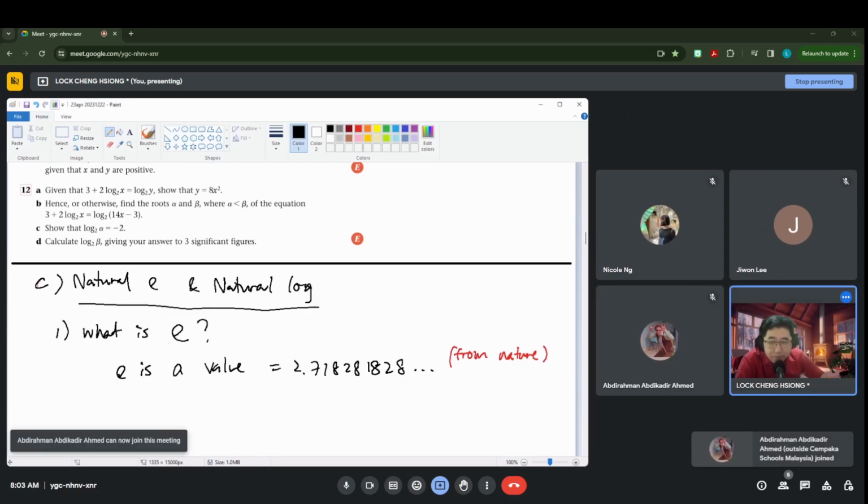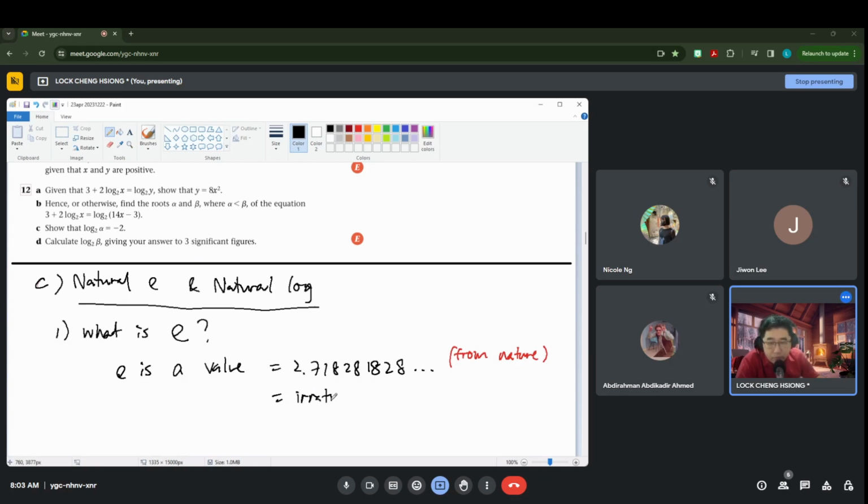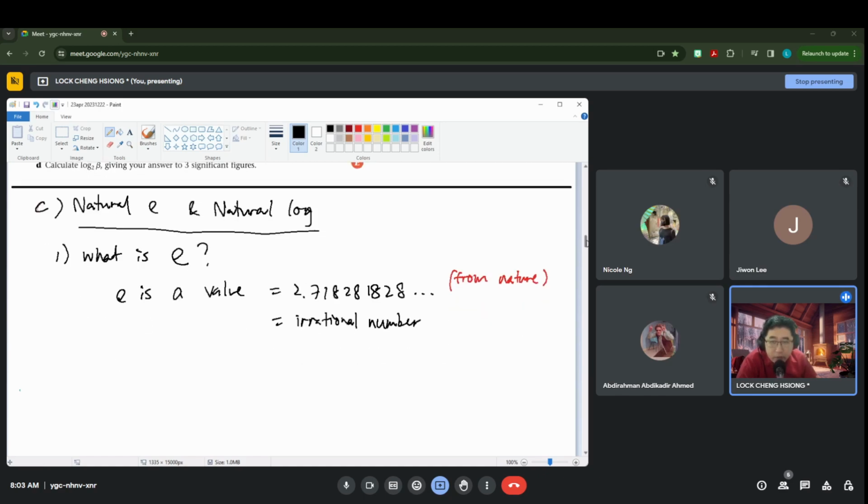As you can see, this is an irrational number. What does irrational number mean? It means a number that cannot be written as a fraction, and its decimal places can continue forever. So E is a number.